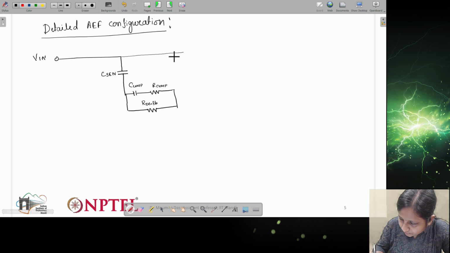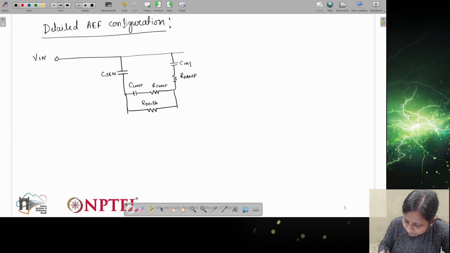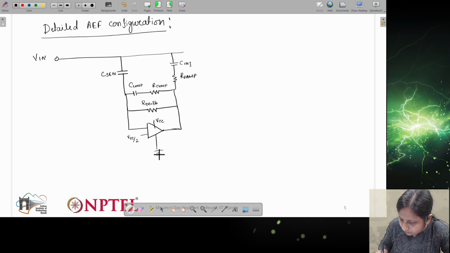And this will be connected to C injection, and then this will have the same op-amp connected here. This is VCC, this will have C INC, R INC as previous.